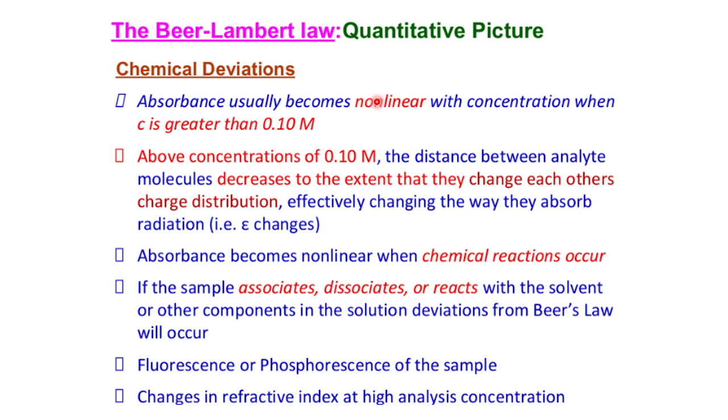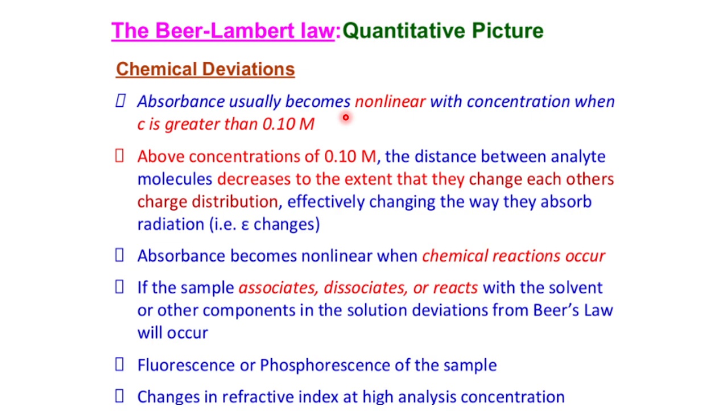The quantitative picture is that absorption usually becomes nonlinear if the concentration is very high. If it is greater than 0.1 molar, the absorbance will not be linear. Why is this happening? Because if the concentration is too high, the distance between two ions will be very low, and this affects the charge distribution surrounding the ions.